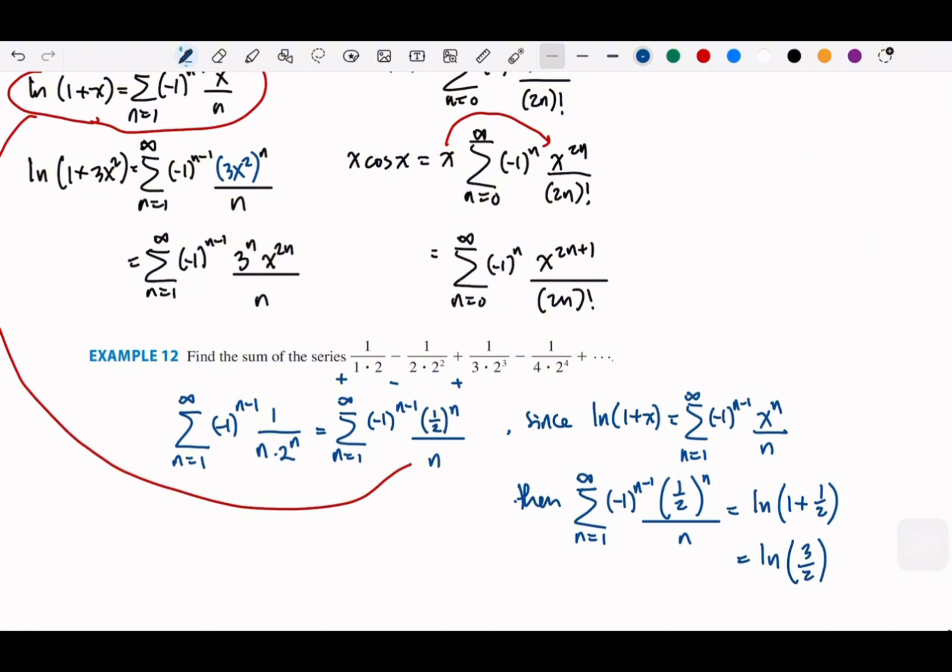You can stop here, or if you want to calculate using calculators, you can get results.